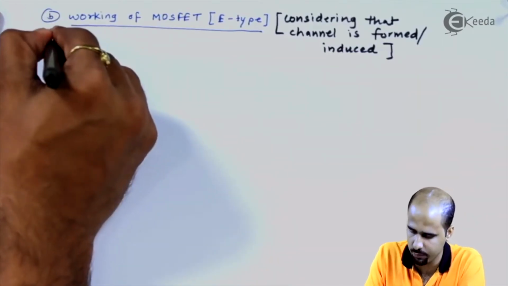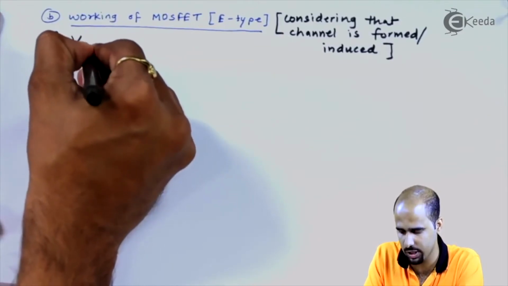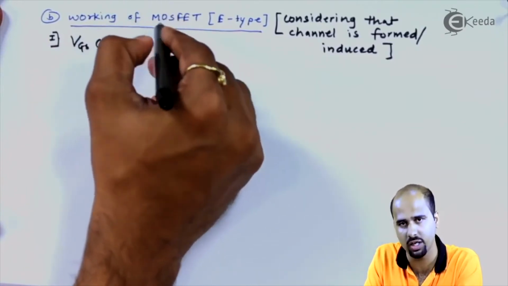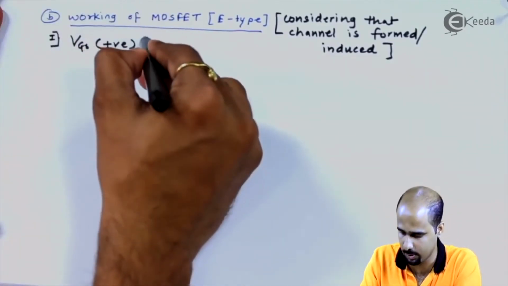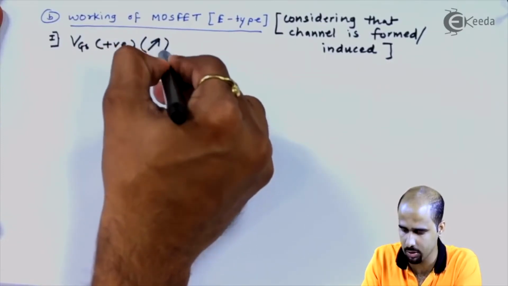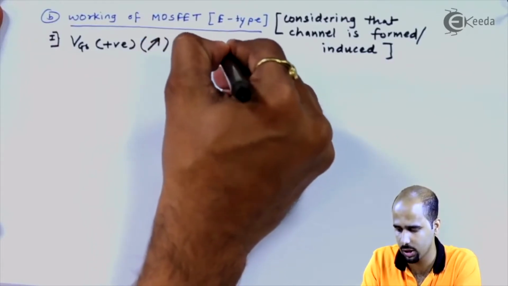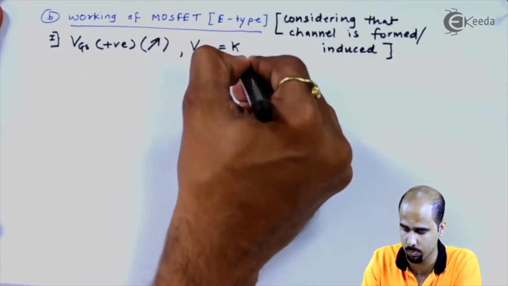The first working condition is we will keep VGS variable and it is positive. It should be positive, but it should be variable. And VDS is equal to constant, but it is also positive.